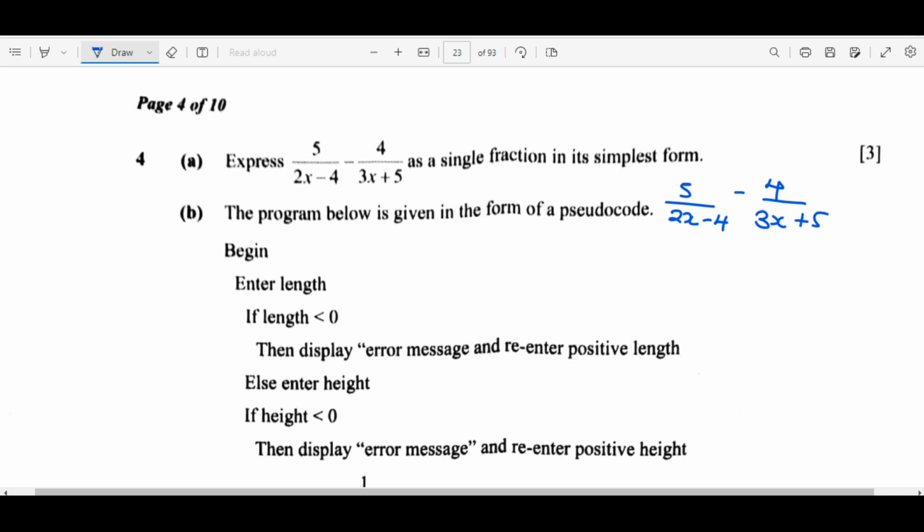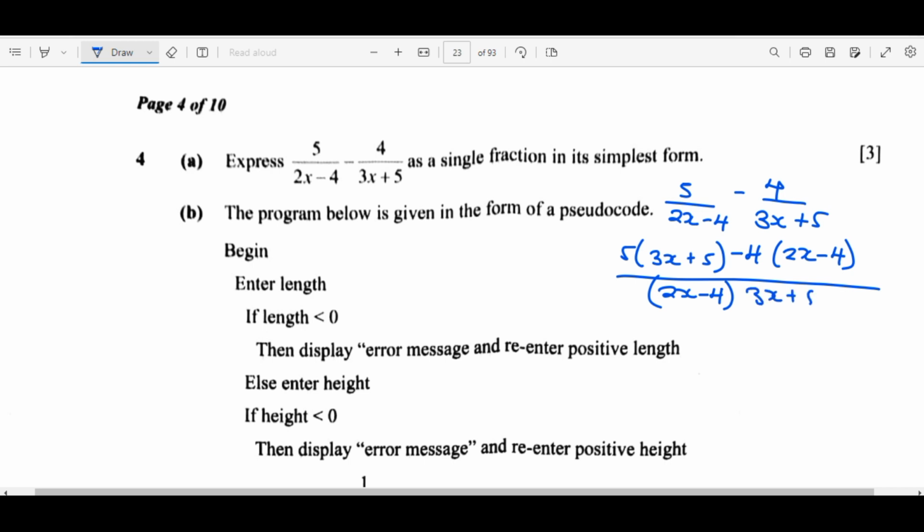we are going to say 5 open bracket 3x plus 5, close, minus 4 open bracket 2x minus 4, close, over 2x minus 4 and then 3x plus 5.